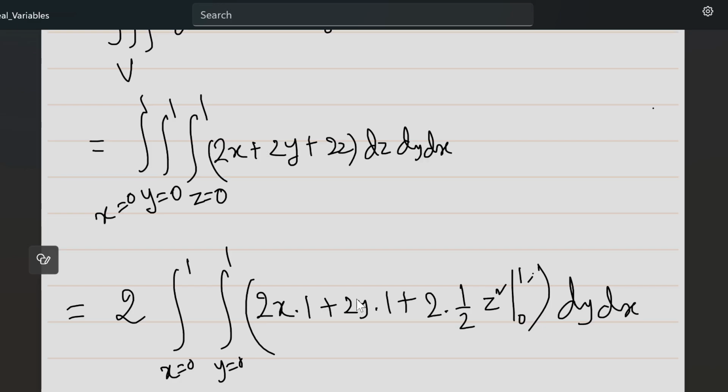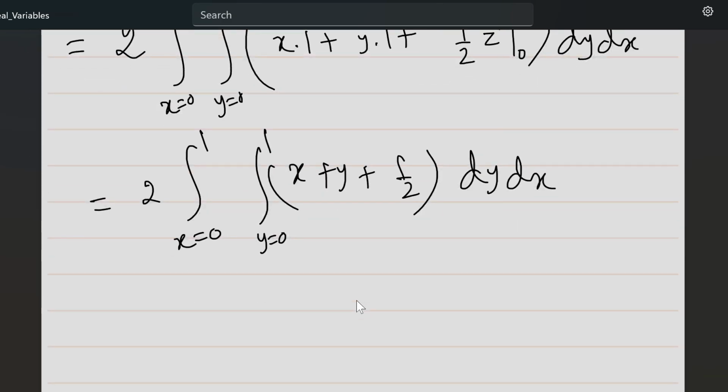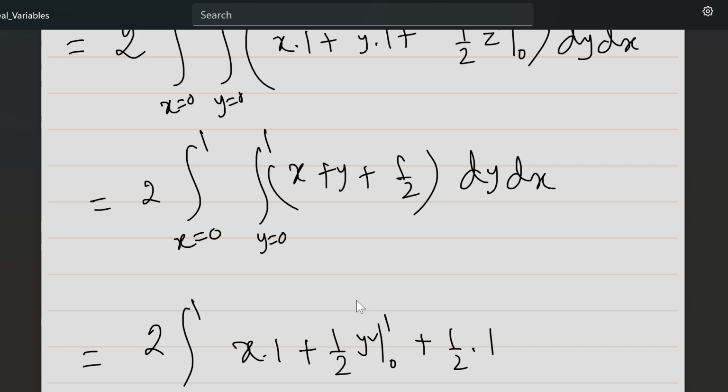I will remove these two. Thank you. So it is x plus y plus half, dy dx. Now integrate with respect to y. So it is 2 into the integral from x equal to 0 to 1 of x into 1 plus half into y square, with y square from 0 to 1, plus half into 1, dx.